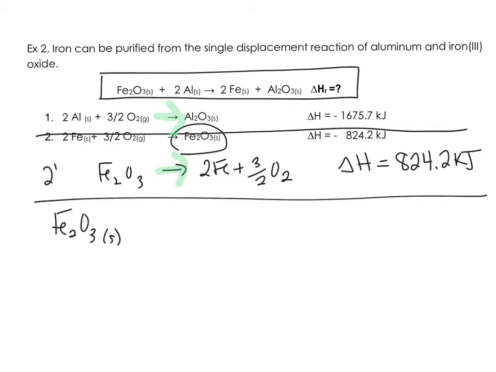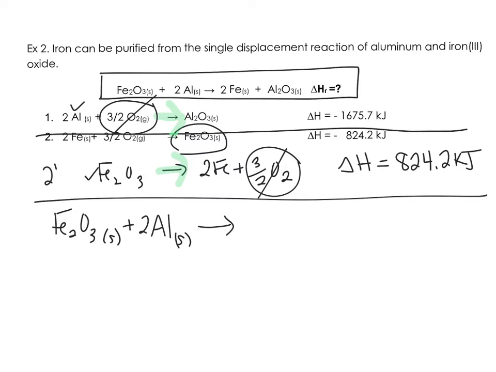So that's done. Aluminum, that only occurs once. So that's done. That only leaves 3/2 O2 as a reactant. I happen to have it on the right hand side as well. So it's gone. It gets canceled.